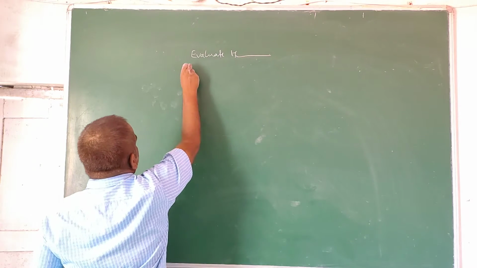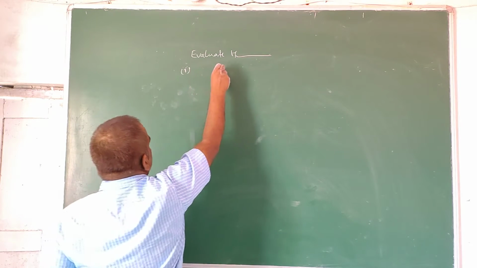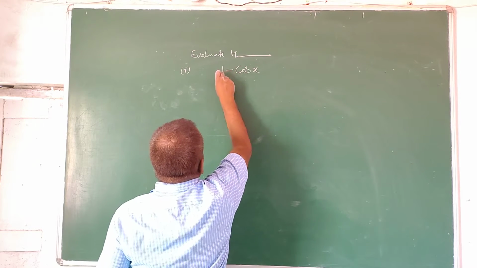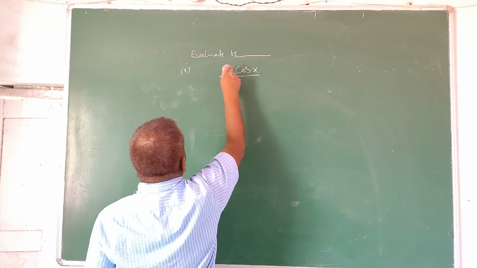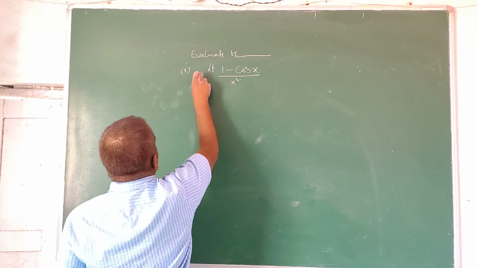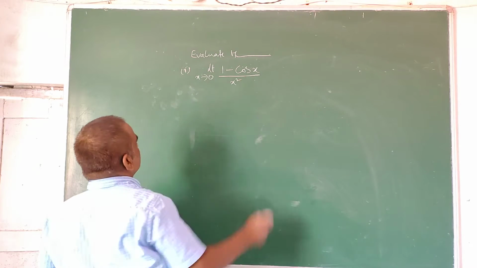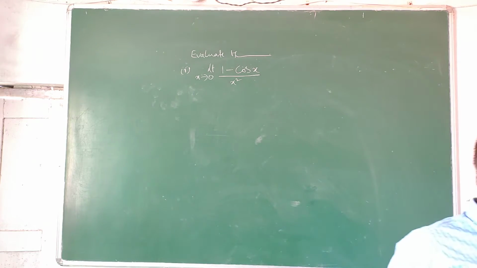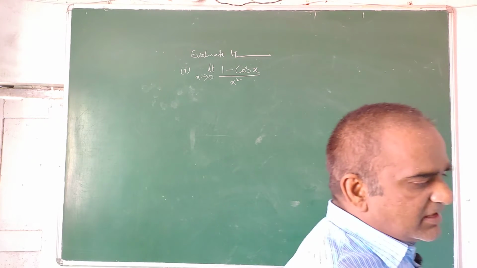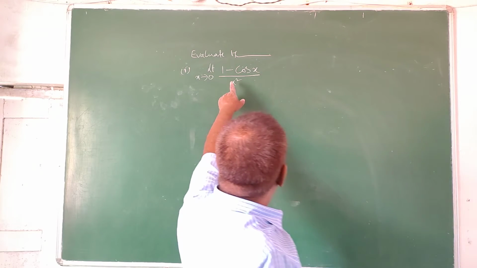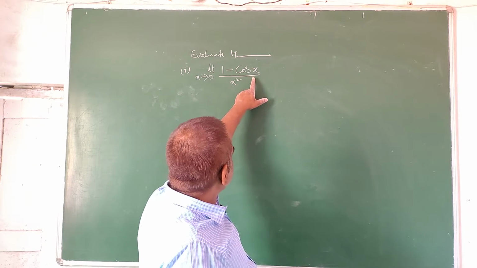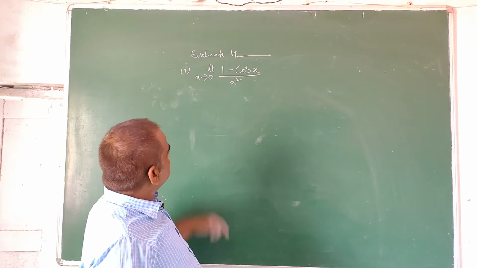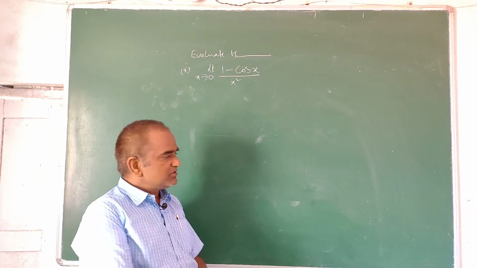Under this heading, the first question is limit x tends to 0 of (1 minus cos x) by x square. This is the problem. So we have to evaluate it.